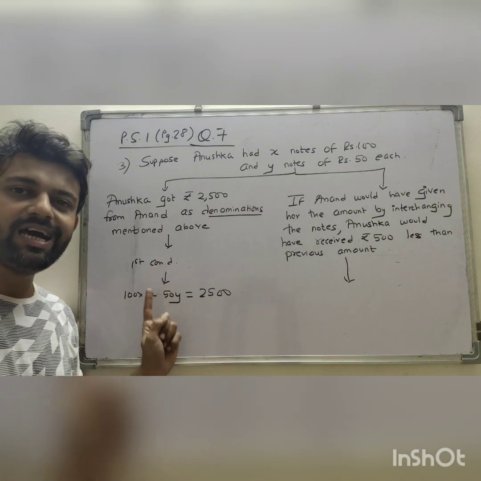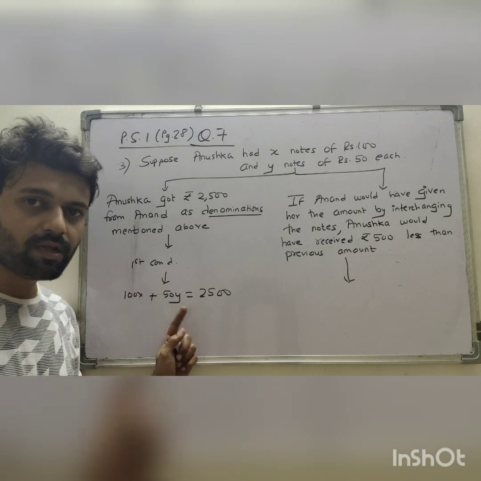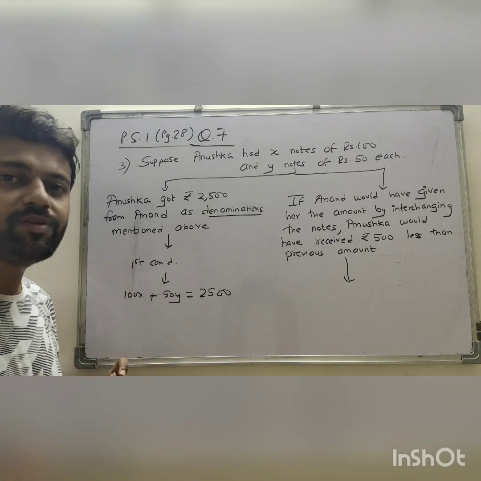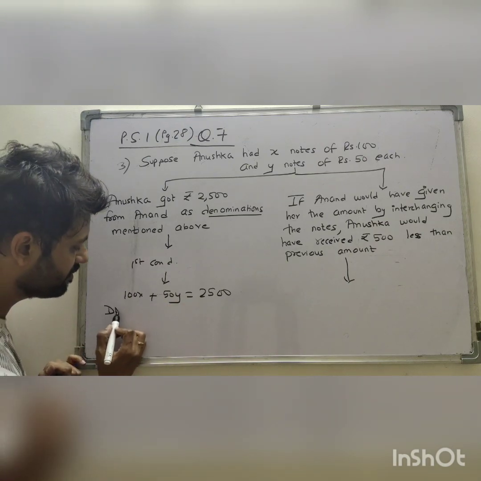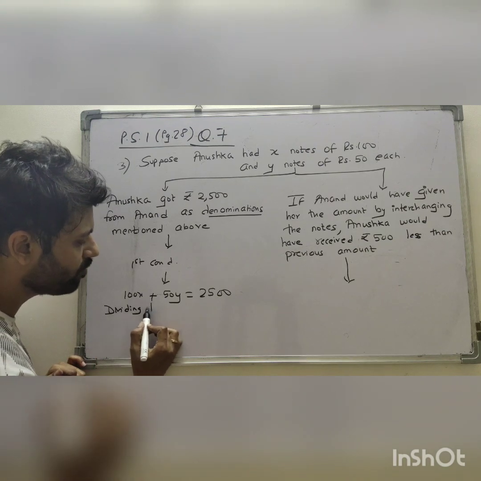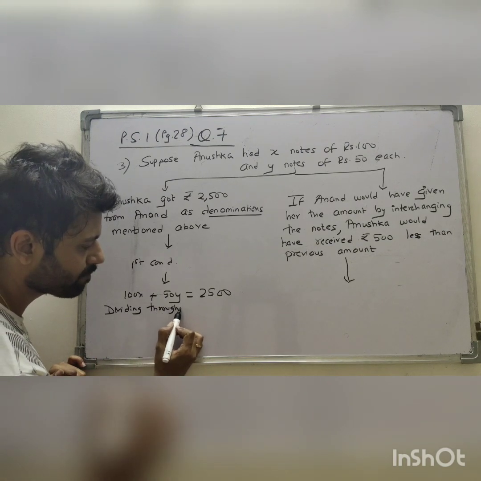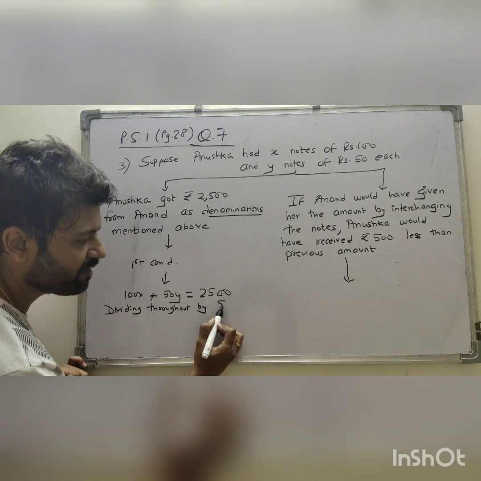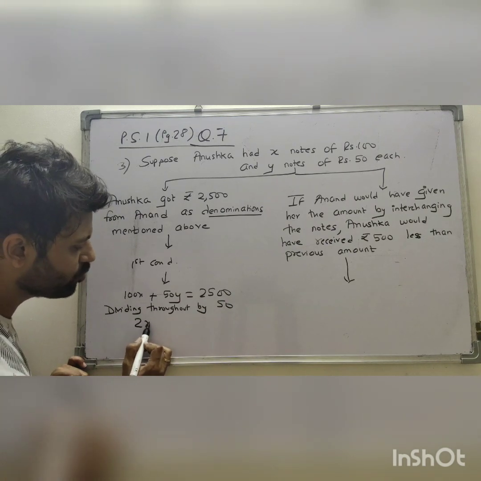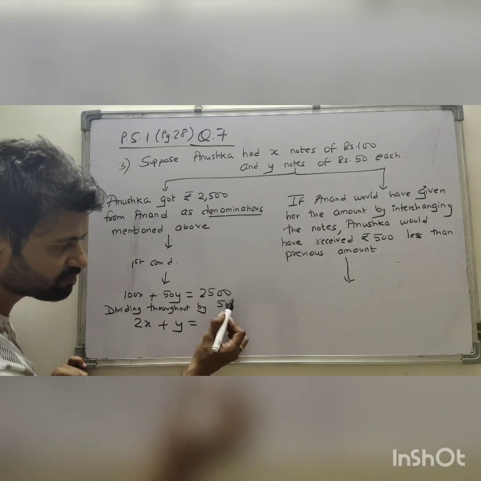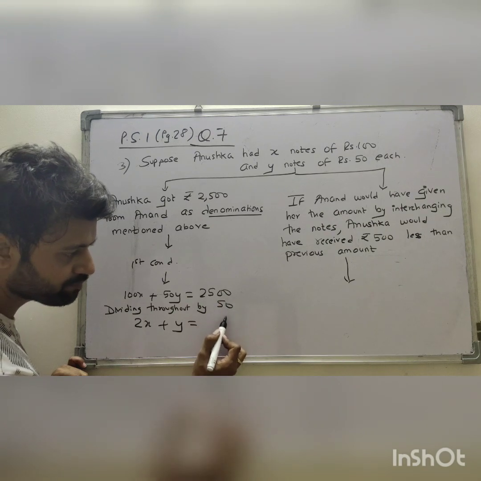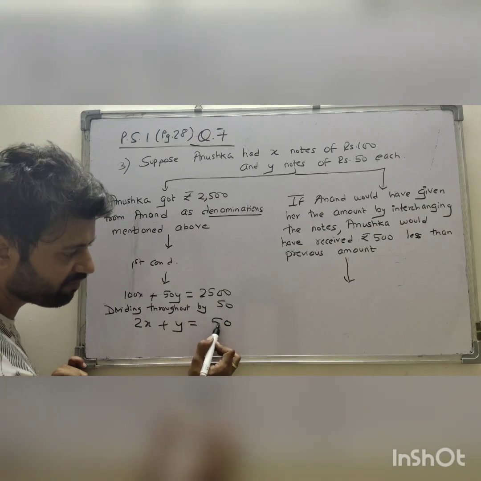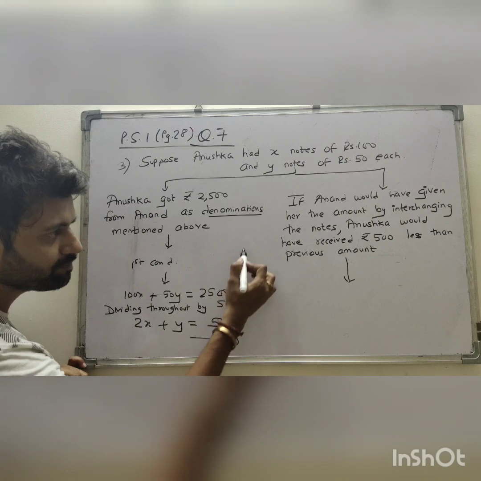From the first condition, I am able to form this equation. But I will not number it 1. As we have a chance, we will do that. Dividing throughout by 50, we get 2x plus 1y is equal to 50, 25 divided by 50, this is equation number 1.